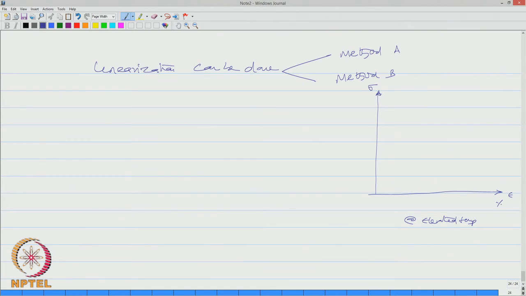This is percentage strain and this is the strength reduction factor, starting from 0, 0.1, 0.2, 0.3, 0.4, 0.5, 0.6 and 0.7.